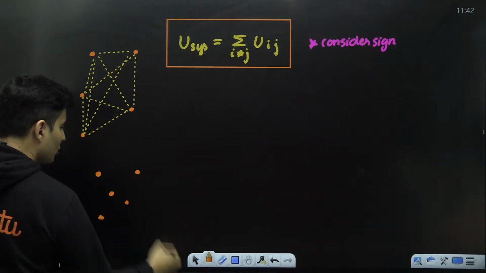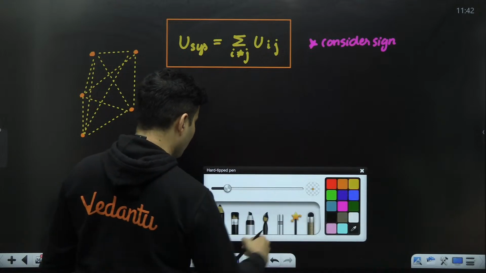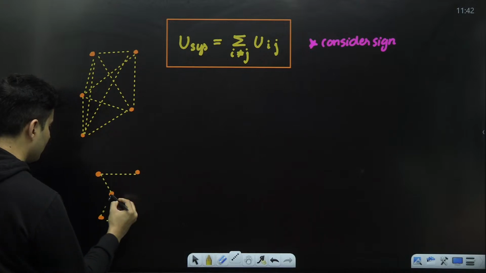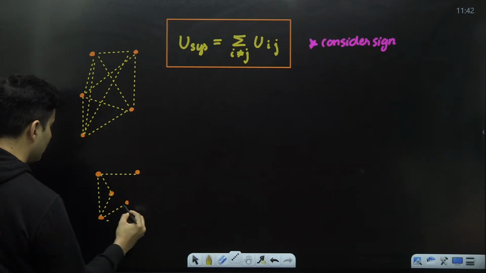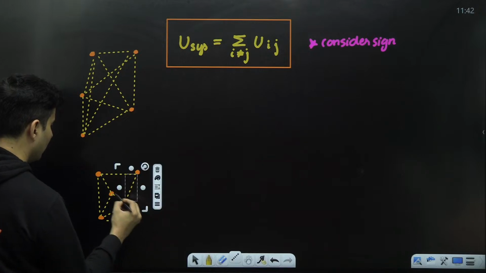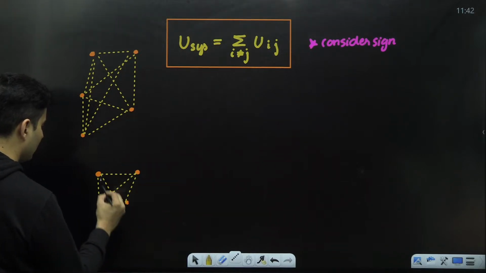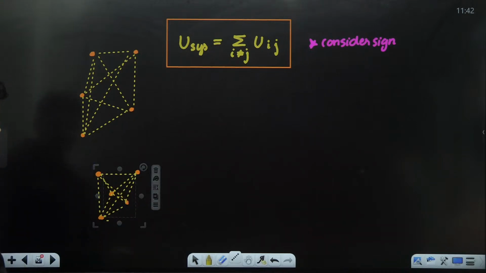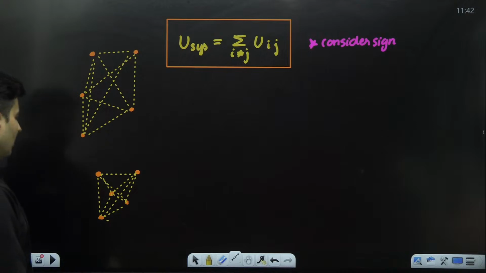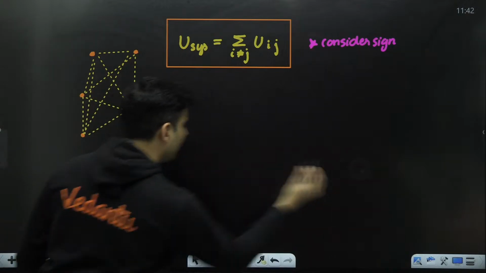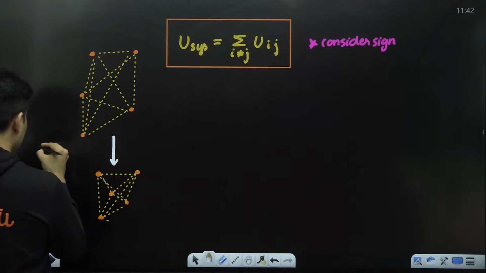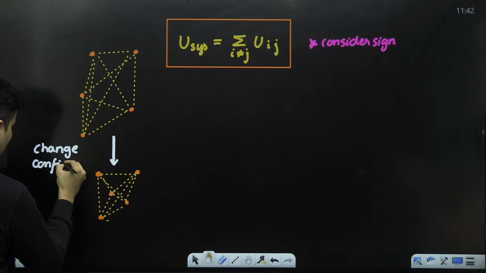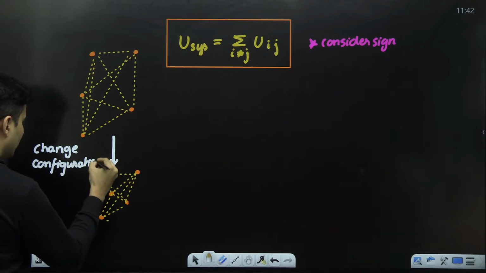So the moment you have changed the configuration or the state, the potential energy changes.